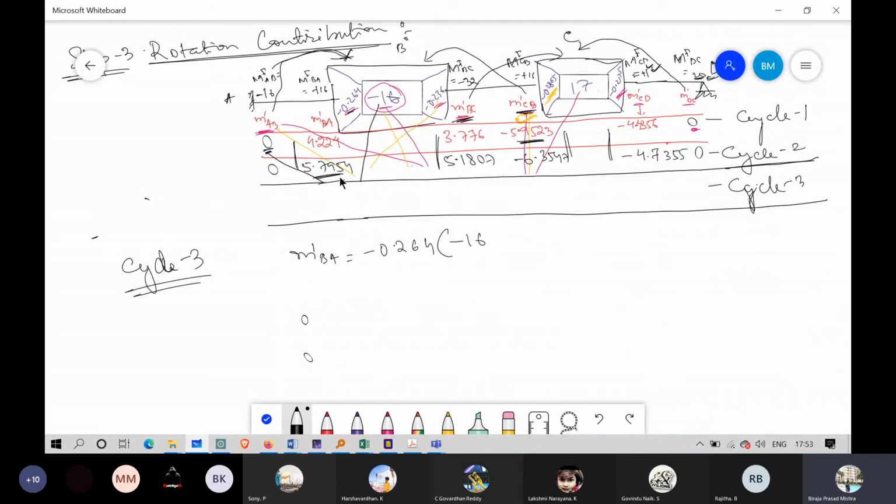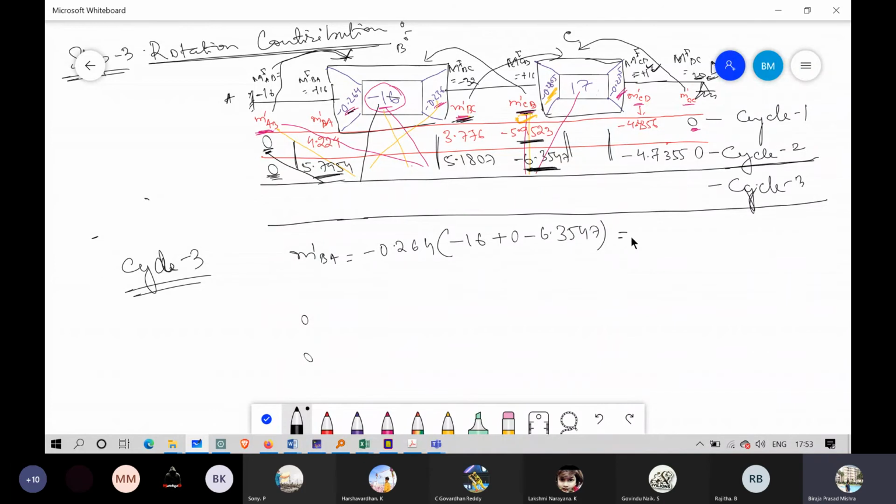Then this value, and this value, we will take: minus 16 plus 0, then minus 6.3547.